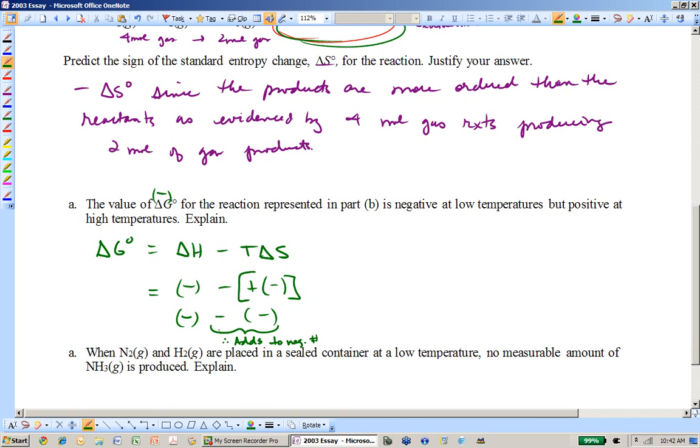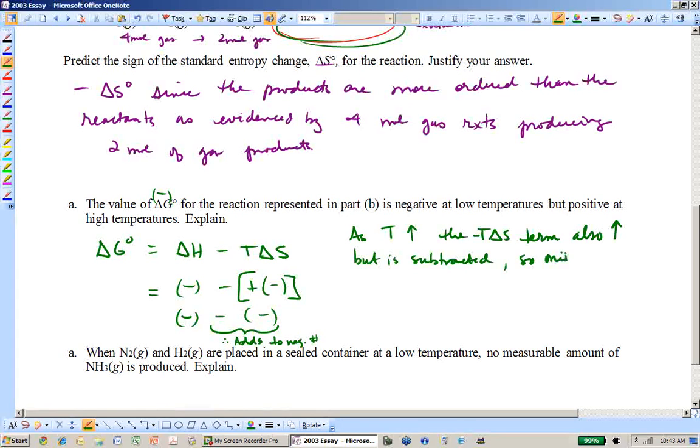That's going to actually switch my negative delta G over to a positive once the temperature increases. So as temperature increases, the T delta S term also increases. I should say the negative T delta S term also increases, but is subtracted.